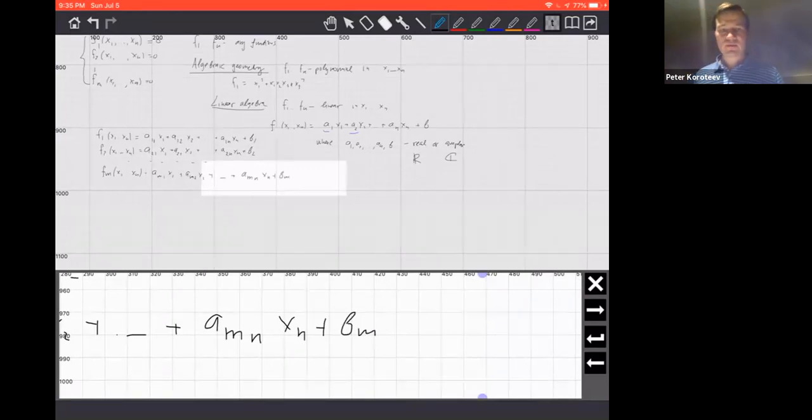And of course, later we'll use matrices to write this all down.